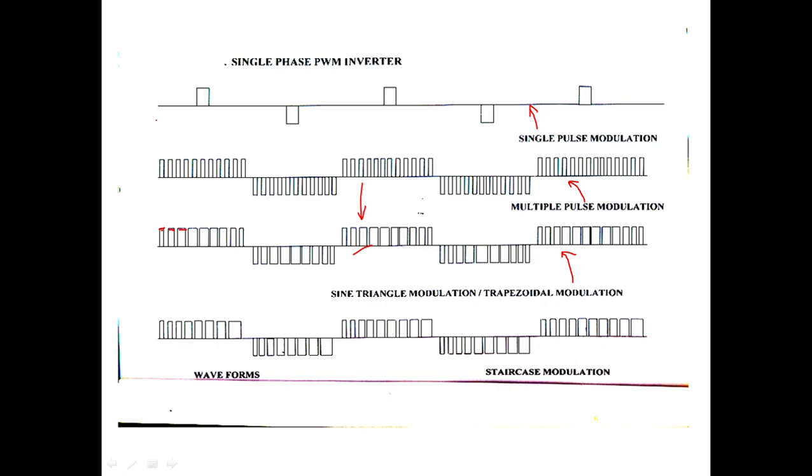So how did we get these kinds of waveforms? For single pulse width modulation, if you have something like this, and this will be the zero line, and now I compare a waveform like this with this particular waveform, what happens is that wherever the triangular waveform is more, there I'll get a pulse.